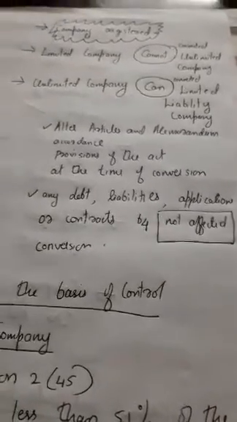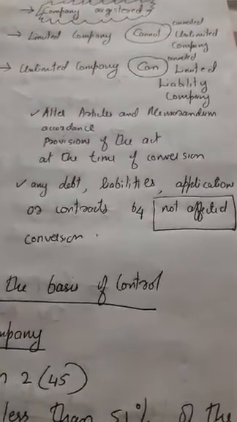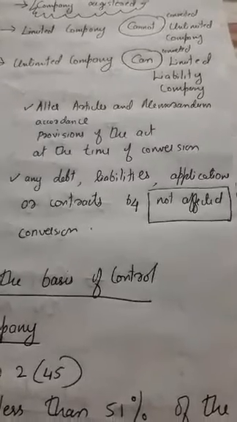What are the procedures which should be taken care of on converting an unlimited company to a limited company?